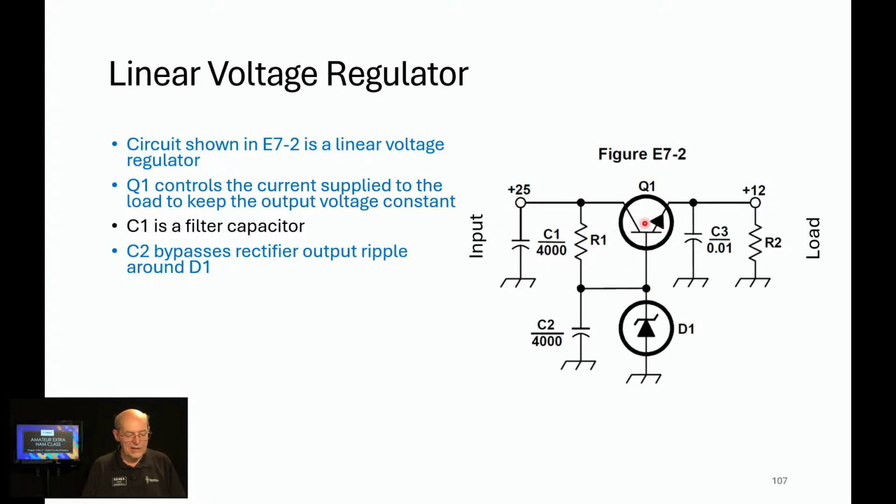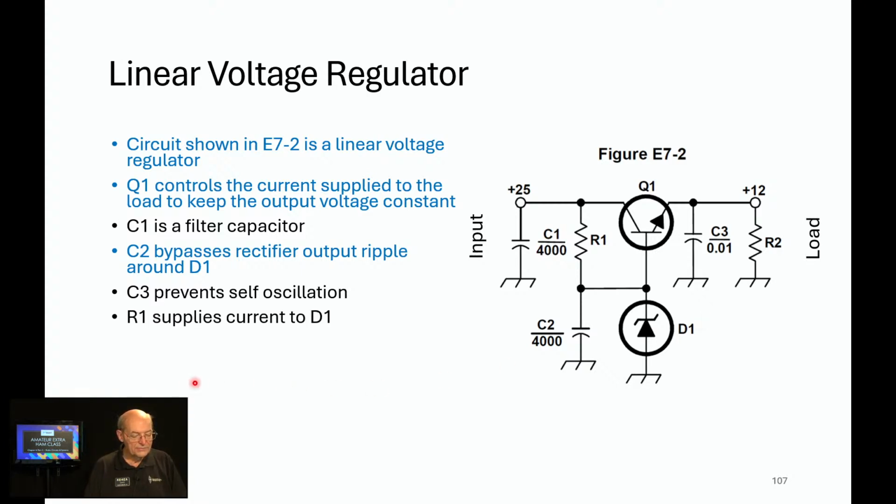So we don't want to be modulating the voltage and current output of the circuit with any hum that might be in the output of the power supply. So that's why this is here. C2 bypasses the rectifier output ripple around D1, so D1 can stay pure. C3 prevents self-oscillation. R1 supplies current to D1.